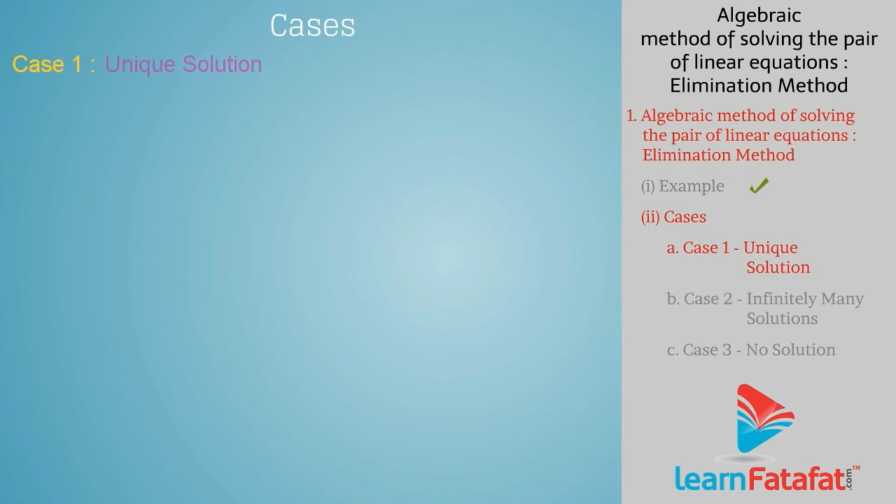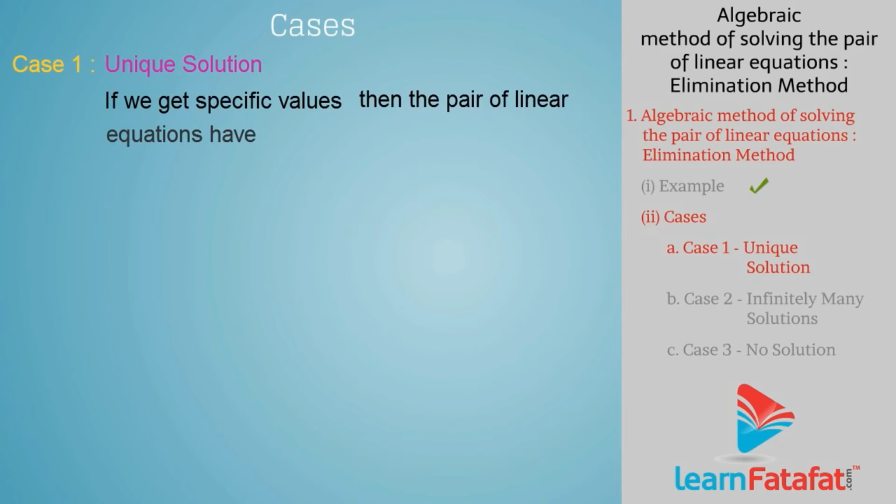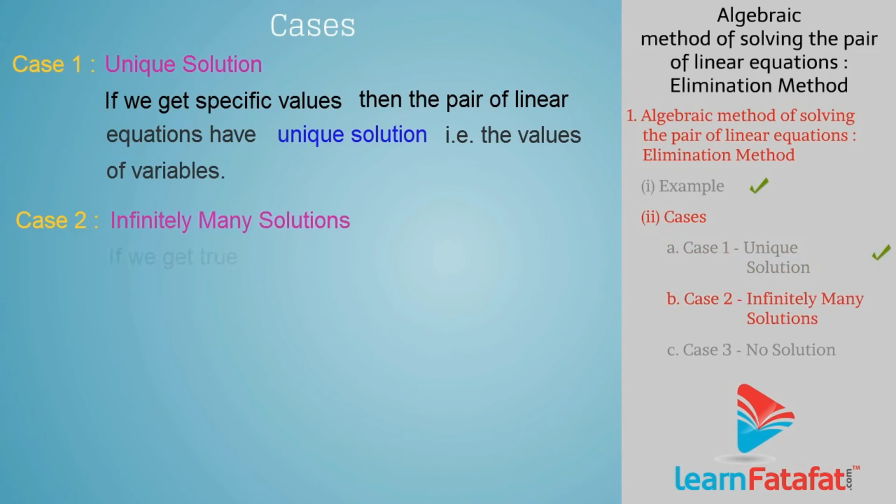Cases. Case 1. Unique solution. If we get specific values, then the pair of linear equations has a unique solution. That is, the values of variables. Case 2. Infinitely many solutions.